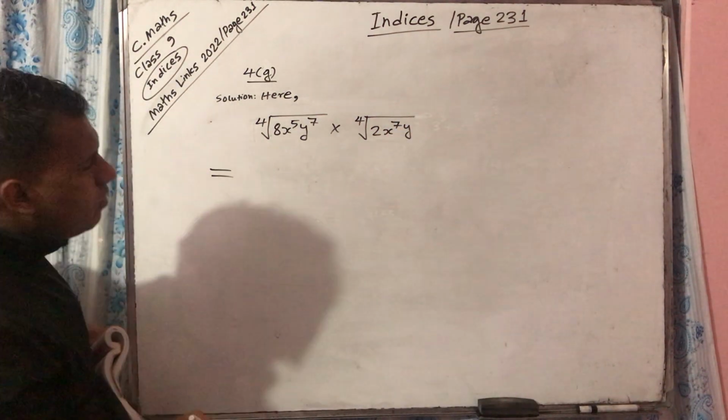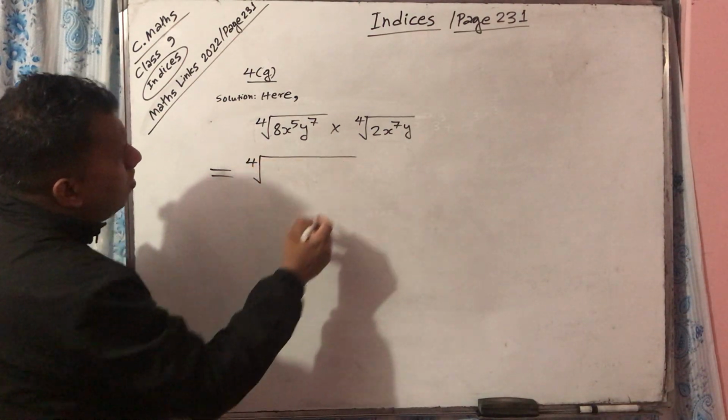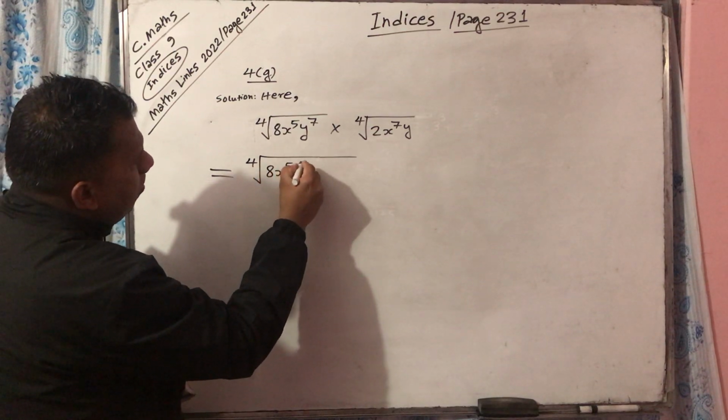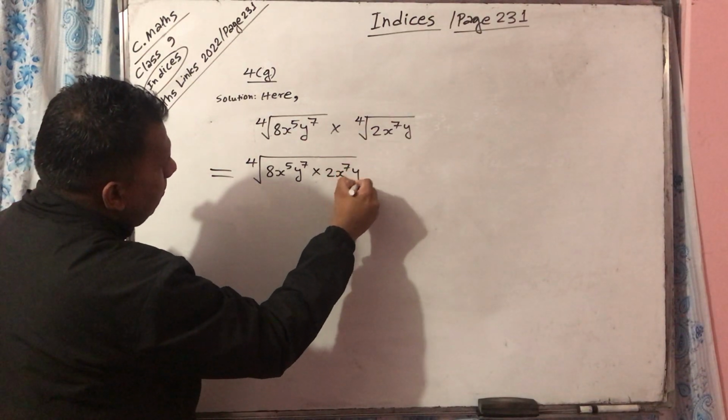Since the order is the same, we can put it in a single root. Fourth root of 8 x to the power 5 y to the power 7 multiplied with 2x to the power 7 y.